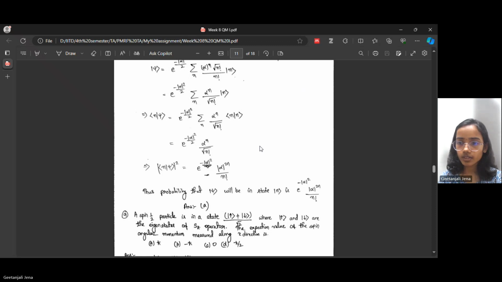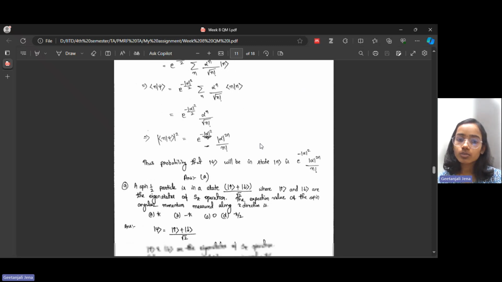So the state of the particle is given. Now you are making a measurement of spin angular momentum along the x direction, that is Sx. So if you do this kind of measurement, then what will be the outcome?